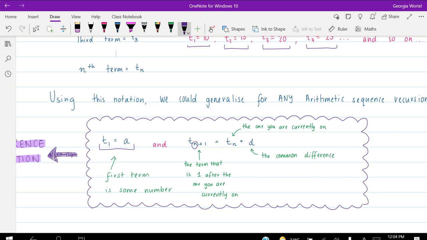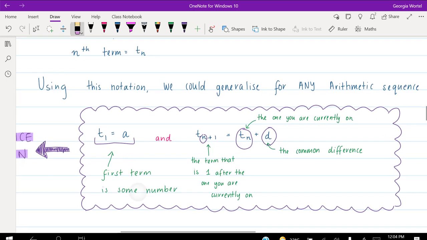To get Tn plus 1, you take the term that you're on at the moment, Tn, and plus the common difference, because if we add the common difference to the thing that we're currently on, we'll get the value of the next thing. So that there is our general notation. If we don't have any numbers, that's the notation we use for writing an arithmetic sequence in general.